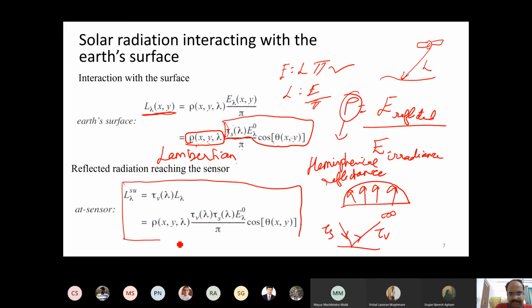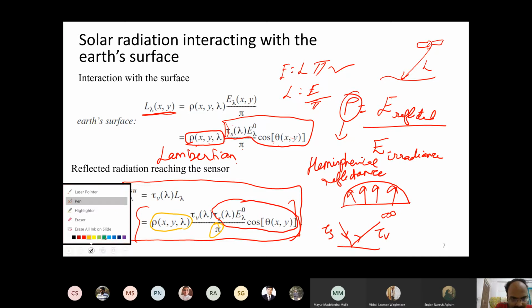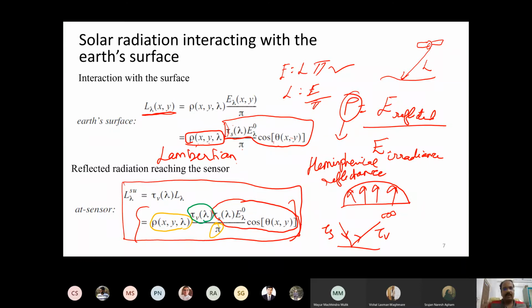So the total energy reaching the sensor after getting reflected by the object of our interest is given by this particular equation. This term will give you what is the solar energy reaching the surface. This term, with the pi, will give you the reflection nature of the surface, and this term will give you how clear the atmosphere is on the path between Earth and the sensor.